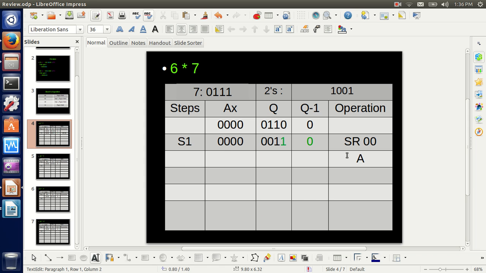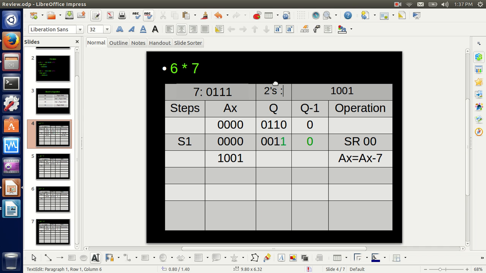A, or AX, equals AX minus 7, or let's call it B. So how does the computer do the AX minus 7? It adds AX plus the 2's complement of the negative 7, which we have here. So I'll add the AX with this, and this won't change.